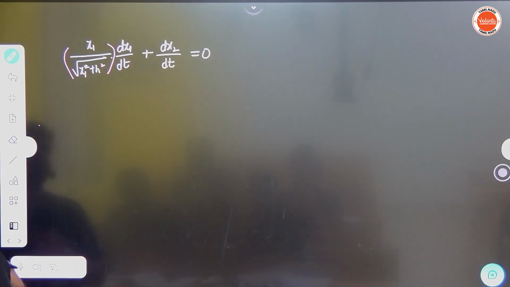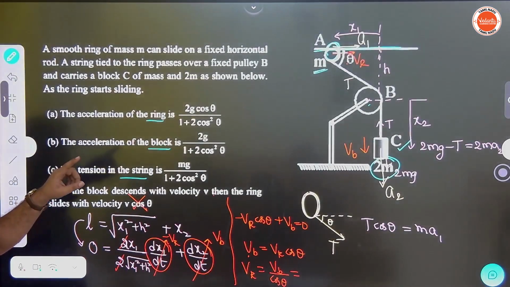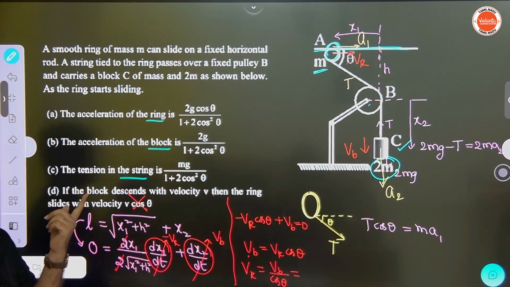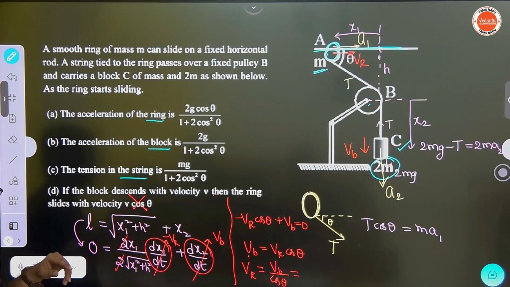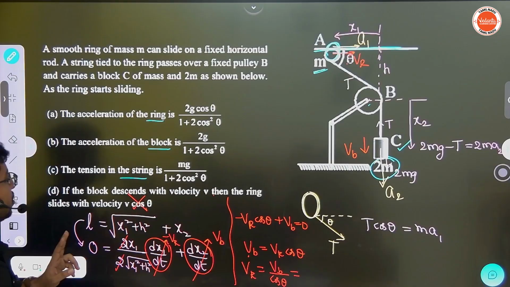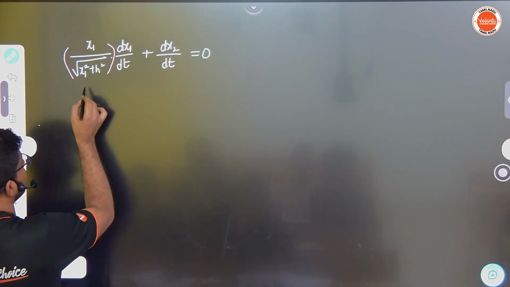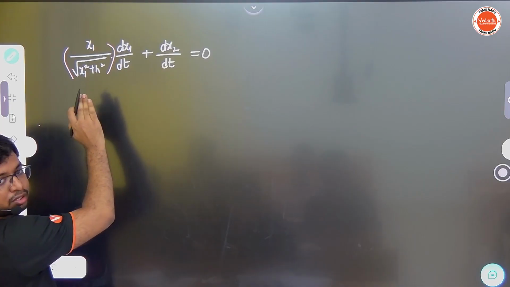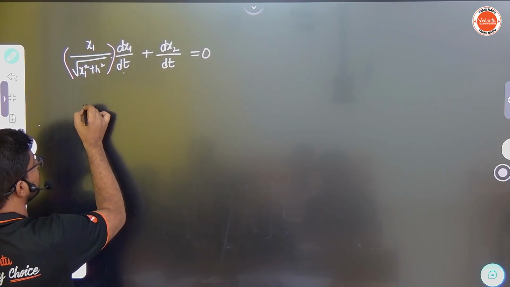Theta is changing here, so you should differentiate that also. First, let us differentiate this one using the UV formula.